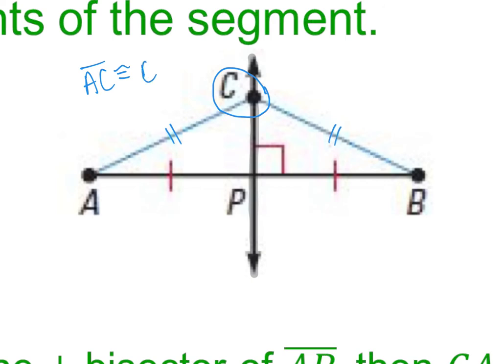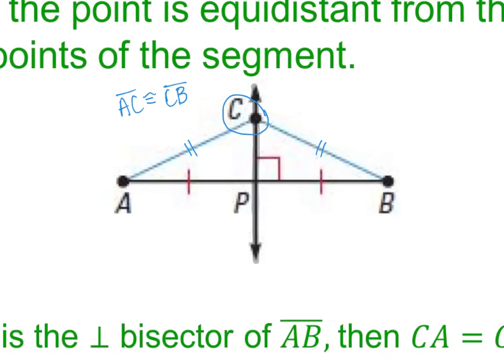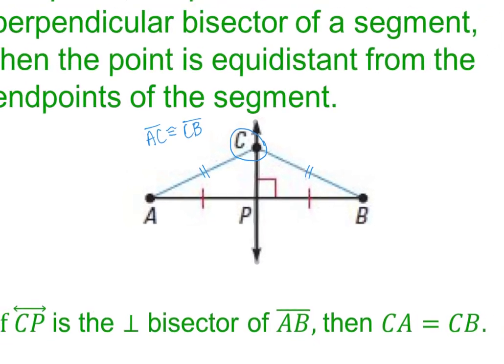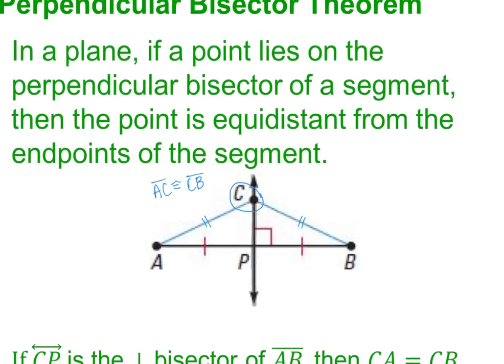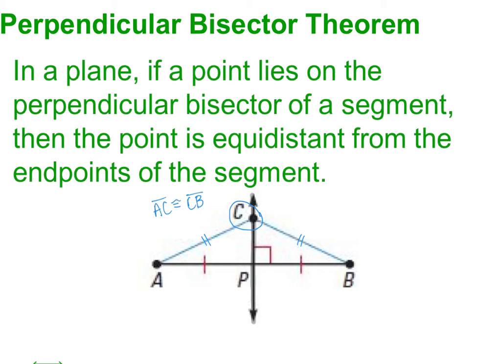Easy, right? But you have to know that CP is what? Perpendicular bisector, okay? And a perpendicular bisector requires how many parts? 2. Needs to have the right angle and what else? The congruence marks, okay? It needs to be a bisector, so it needs to go through the midpoint, which is P, and it needs to be a 90-degree angle, okay? That is what we call the perpendicular bisector theorem.